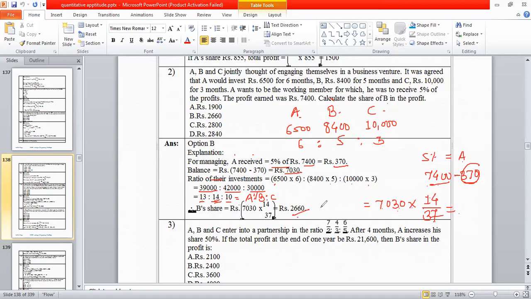Are you getting this amount 2660? कॅल्क्युलेट करा आणि सांगा ते येतं का. Yes, ma'am. Okay, so after removing the 370 it goes to 7,030 आणि त्याच्यामध्ये B चा शेअर 2660 असणार.